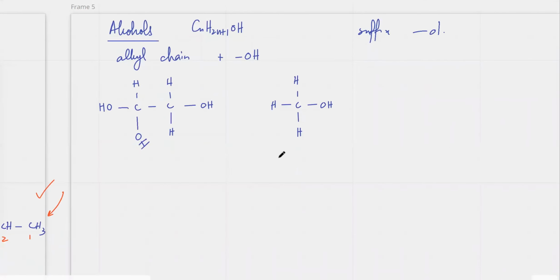Here are your two molecules. I'm going to do these 3. So I've got an OH. This one will have 3 H's. This one will have 1 H and 3 H's.